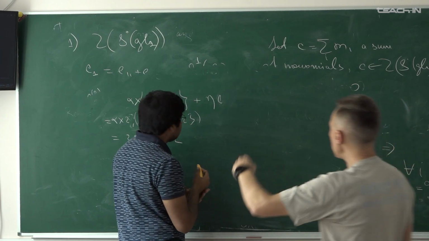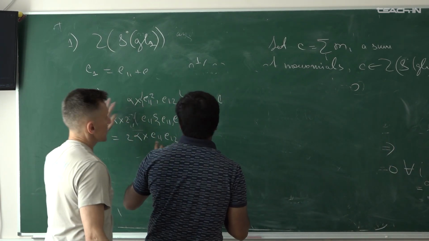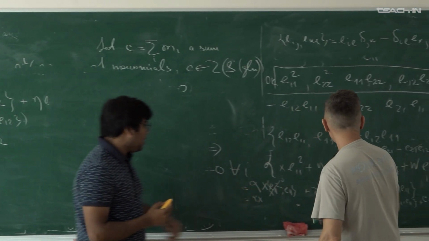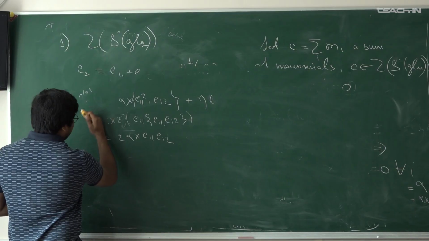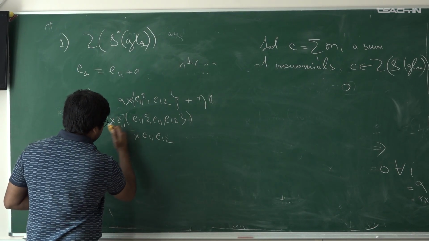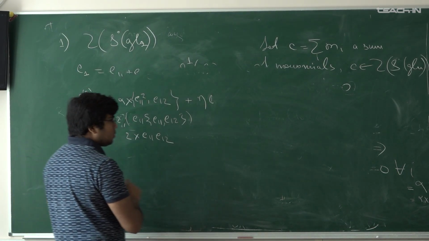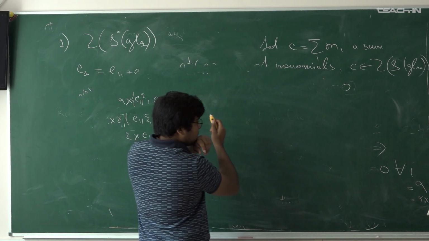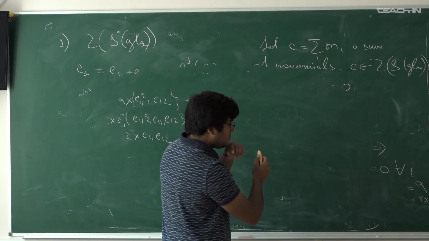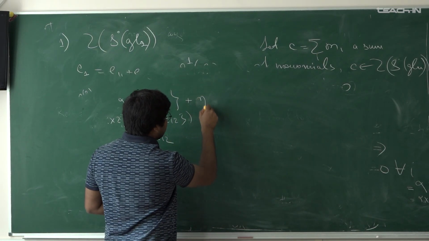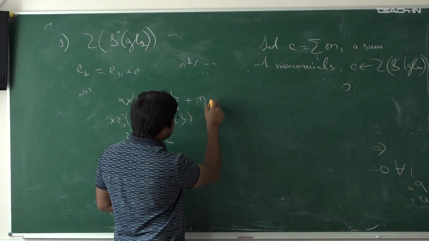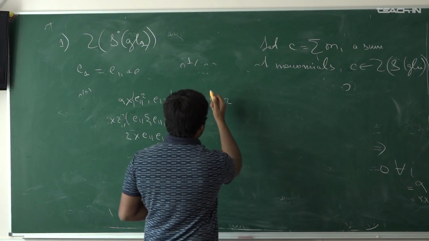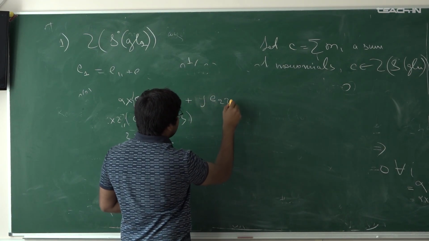I'm sorry, it is alpha? Why? X is a coefficient here. No, it's a Poisson bracket. The coefficient is X. So you see here is the linear combination, and then you put eta as a coefficient. It was just X, Y, Z, and W.